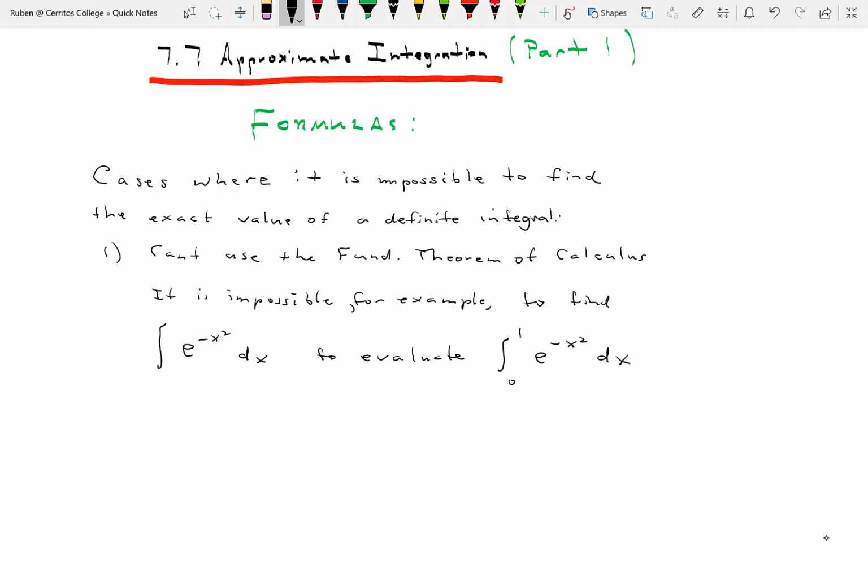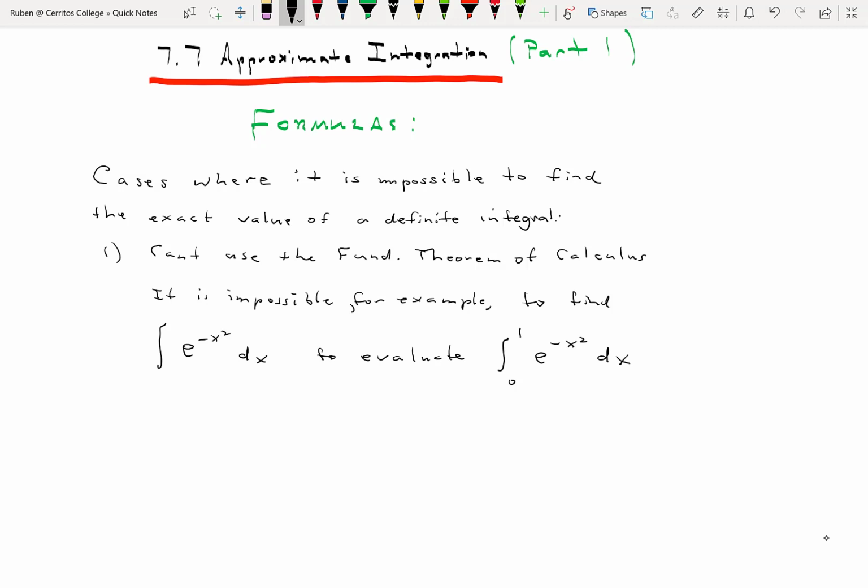Evaluating definite integrals of e to the minus x squared is very important. It amounts to figuring out the probability of certain events occurring, and this is hugely important in the sciences. We can't possibly find an antiderivative, at least with simple elementary functions, of e to the negative x squared.